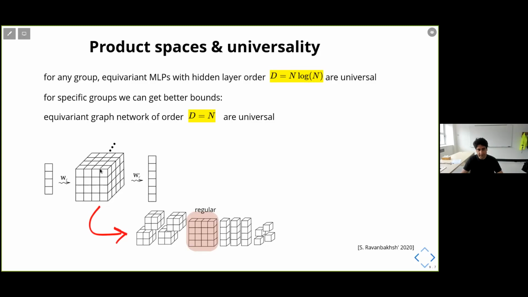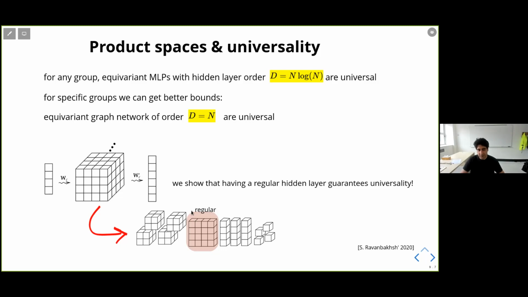So the idea is that this high order hidden layer decomposes into orbits, like we said. And you can show that if the order is large enough, there is one of the orbits here that is going to be a regular orbit, meaning that it's basically isomorphic to the group itself. And we have a separate result that says if you have a hidden layer that is regular, that's enough for universality.